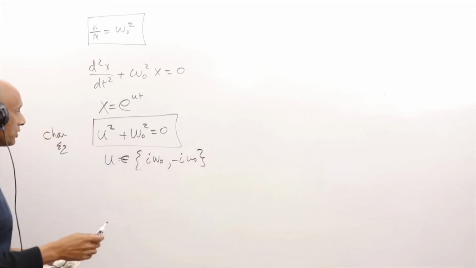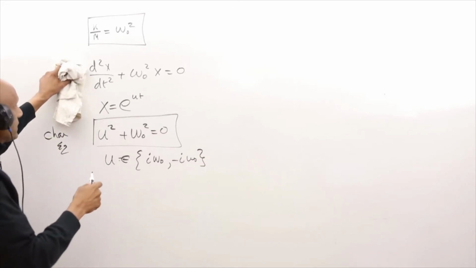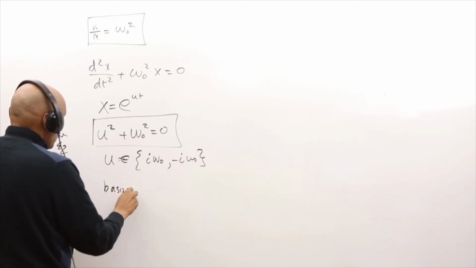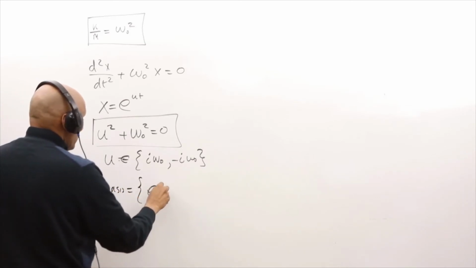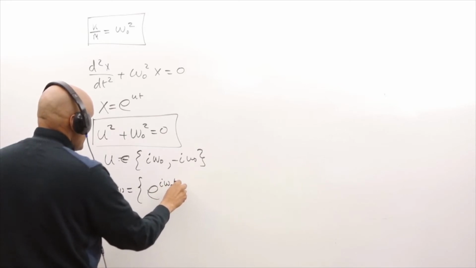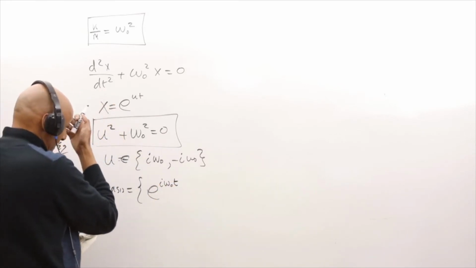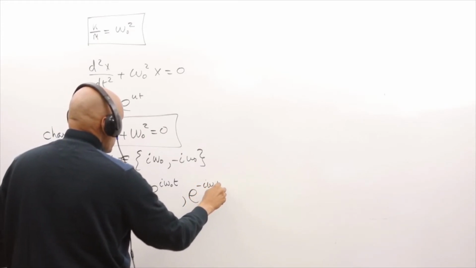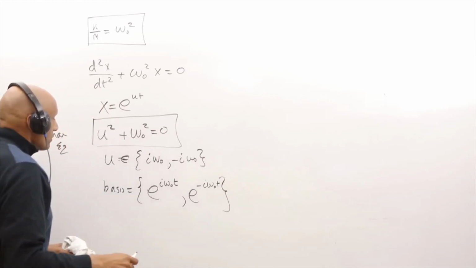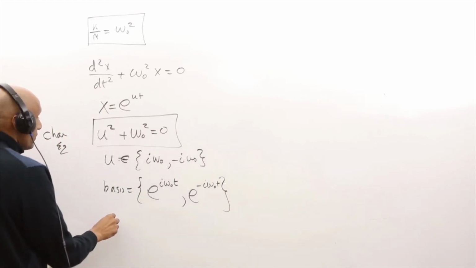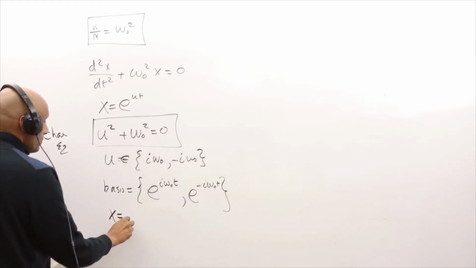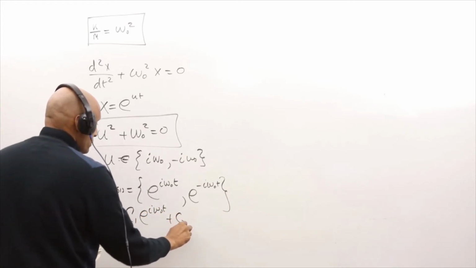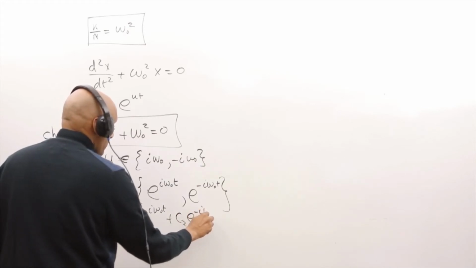So automatically we should know that the basis for this differential equation is given by e to the i omega naught t, because we're using t as the independent variable, and e to the minus i omega naught t. So we know the general solution is x equal to c1 e to the i omega naught t plus c2 e to the minus i omega naught t.